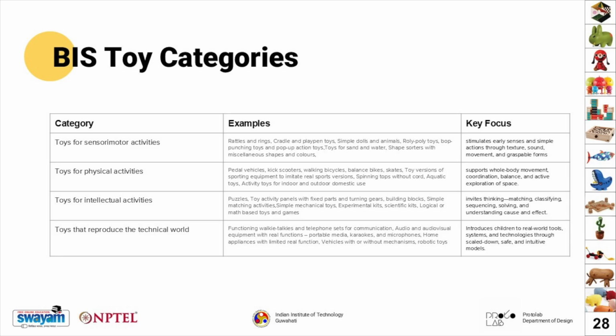Next is toys for physical activities. These toys support whole body movement. Pedal vehicles, kick scooters, balance bikes, walking bicycles, skates, indoor and outdoor activity toys, spinning tops, and toy sports equipment.